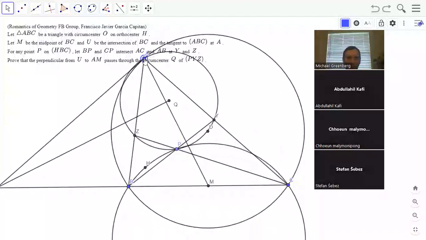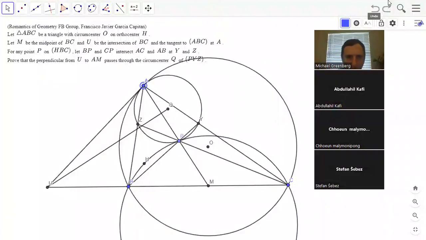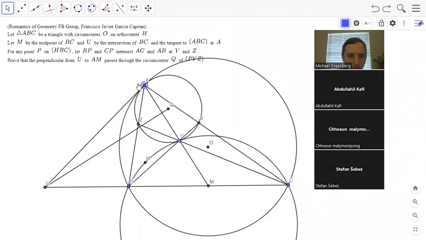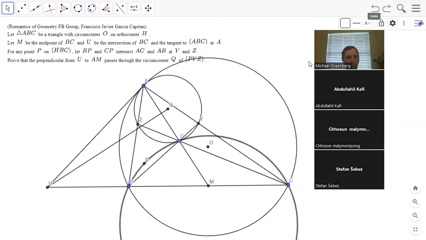I don't think so, no. Then how would you say that U lies on the radical axis? It is like the radical center of those three. So it's not this circle, it's the point circle A, and then this circle, and then this circle. Yeah, okay. But that doesn't really have a connection with point P in itself. Yeah, that's the thing.